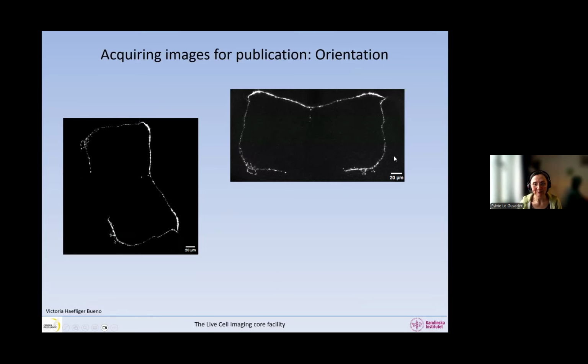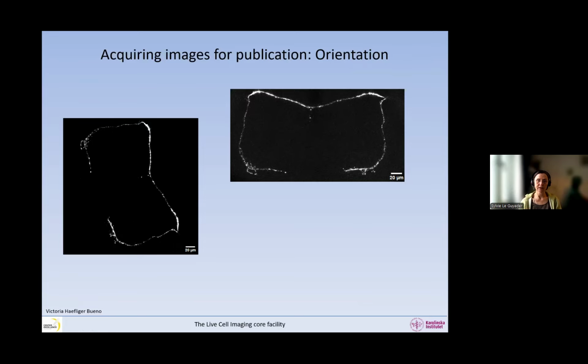Sorry, Victoria. So what I want to say with these images now is the orientation. So if we have several samples like this and we image them and they all have a different orientation, in general, it's not a problem for image analysis. It depends. If you need to draw a region of interest by hand, which clearly is not ideal, but in case you have to, then it's harder.